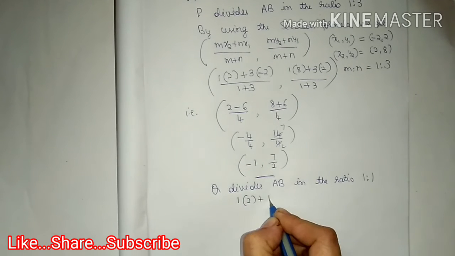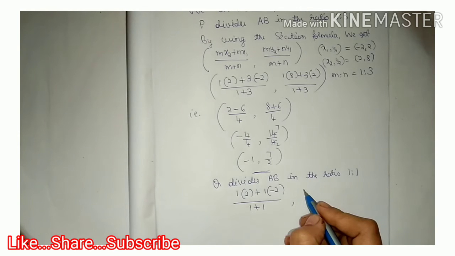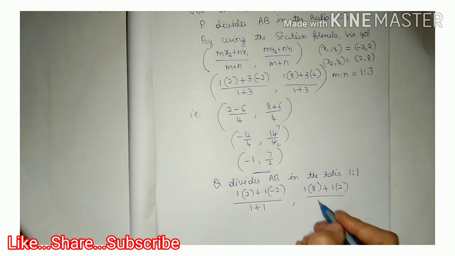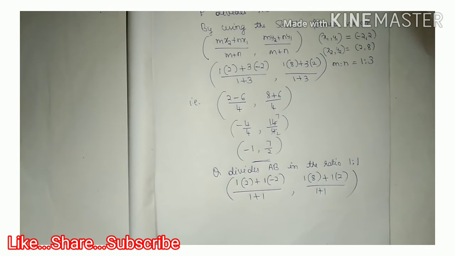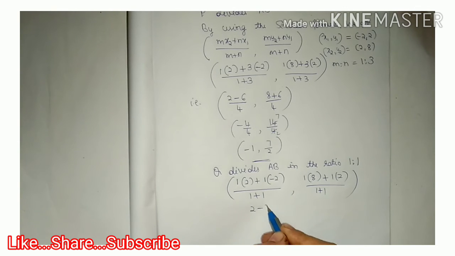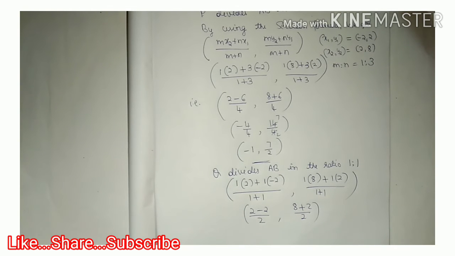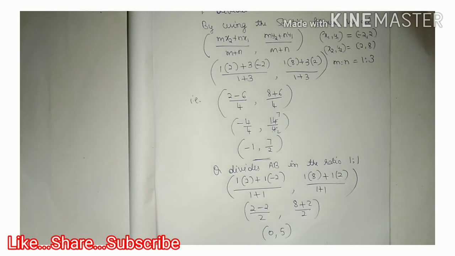X coordinate is (1 × 2 + 1 × (-2))/(1 + 1), y coordinate is (1 × 8 + 1 × 2)/(1 + 1). That is (2 - 2)/2 = 0/2 = 0, and (8 + 2)/2 = 10/2 = 5. Coordinates of Q are (0, 5).